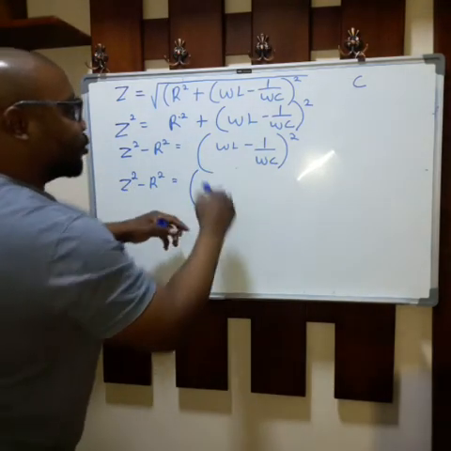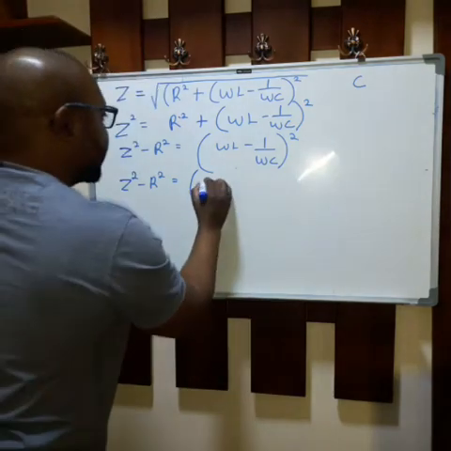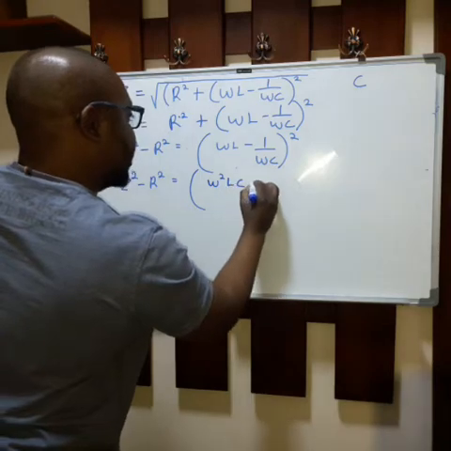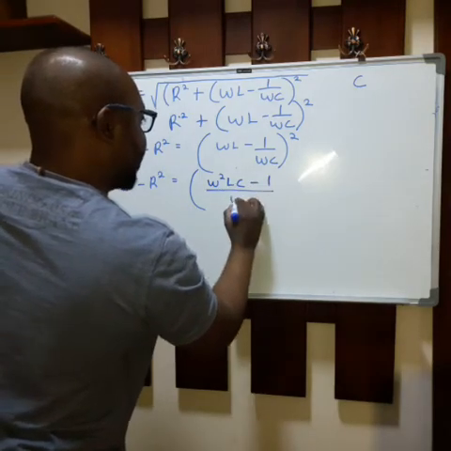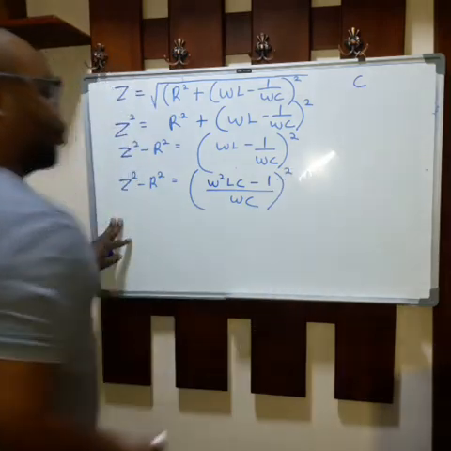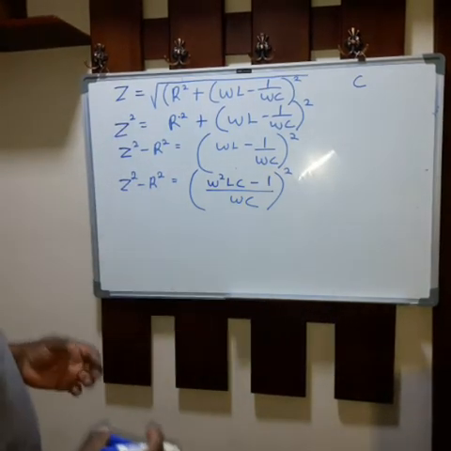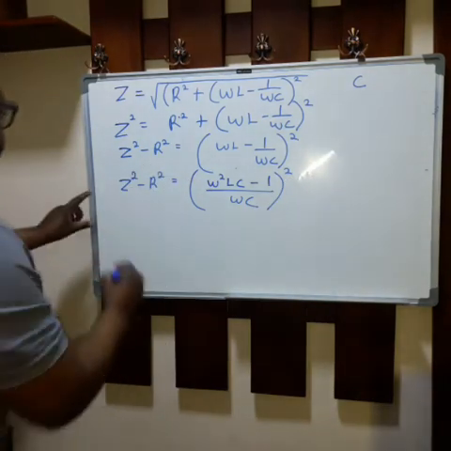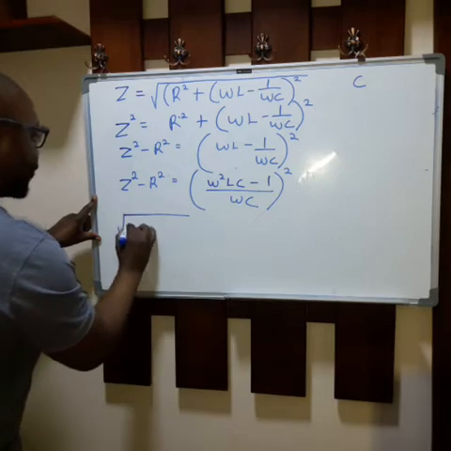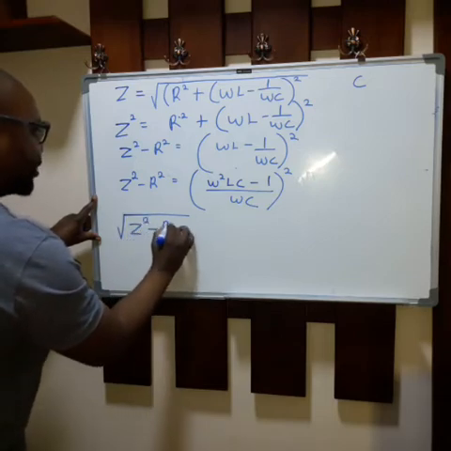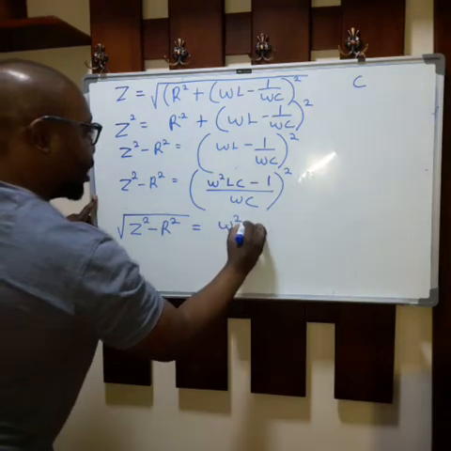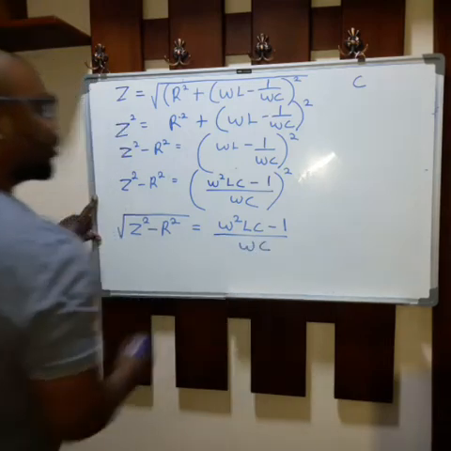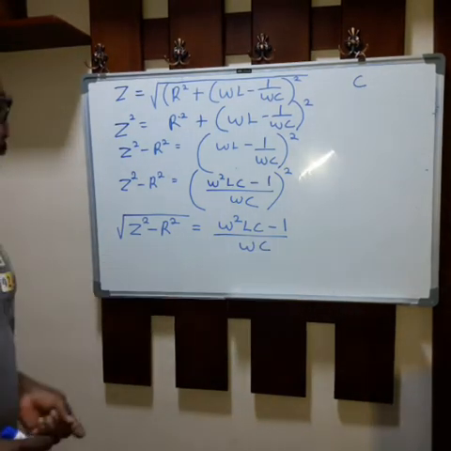So simplifying this one into one fraction, it will be w squared lc minus 1 over wc close bracket to the power 2. Okay? The next phase is to remove the square on the right side and put a root sign on the left side. It will be root of z squared minus r squared is equal to w squared lc minus 1 over wc. Okay? Now we are almost there.